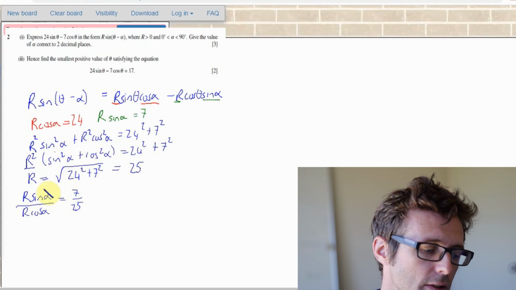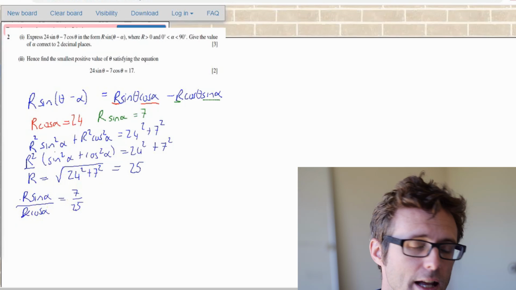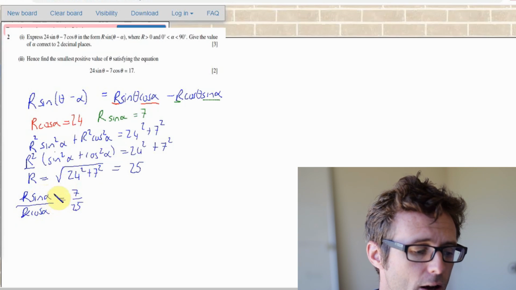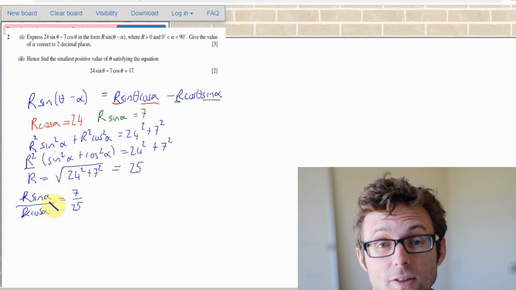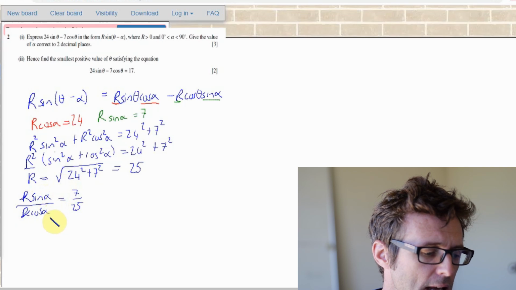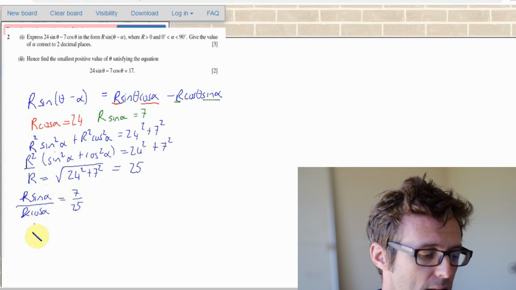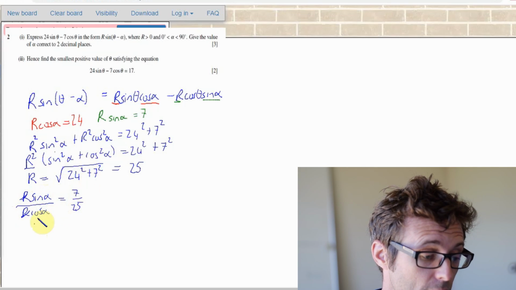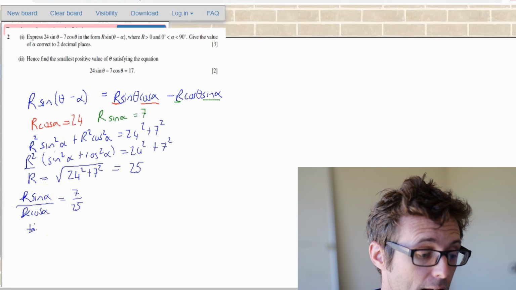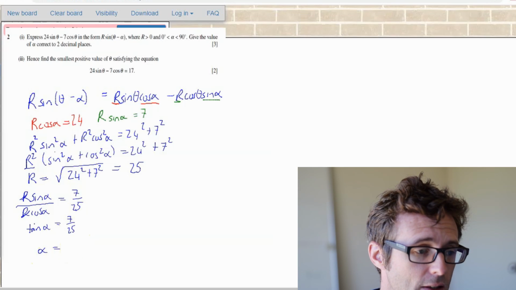Now you can hopefully see that we're going to cancel out our r's. R divided by r is 1. Sine alpha over cosine alpha, using your pure maths identity from Pure Maths 1, is simply going to be tan alpha. So we say tan alpha equals 7 over 25. And from there it's easy enough to work out using your calculator that alpha is equal to 16.26 degrees.